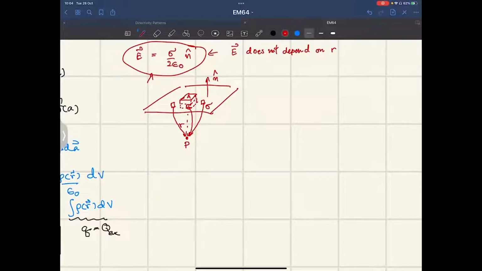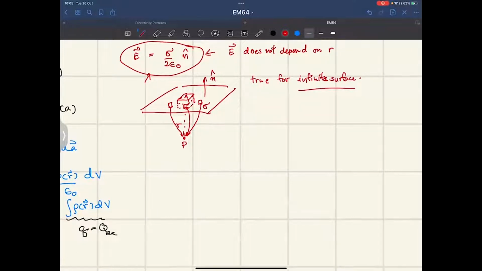This is only true for what? For an infinite surface. Okay, only valid for an infinite surface. What do I mean? I mean this surface actually extends to infinity.